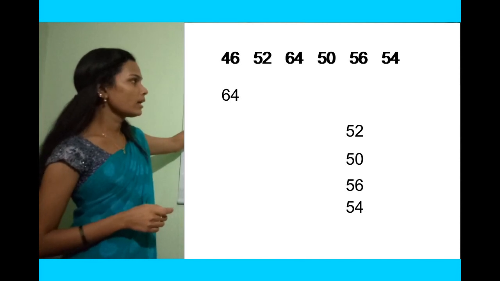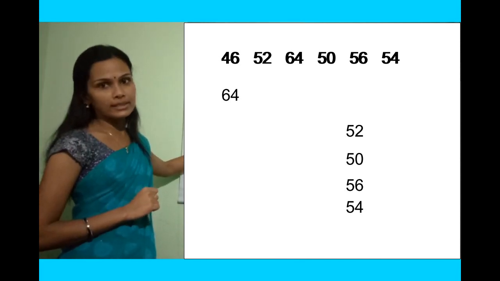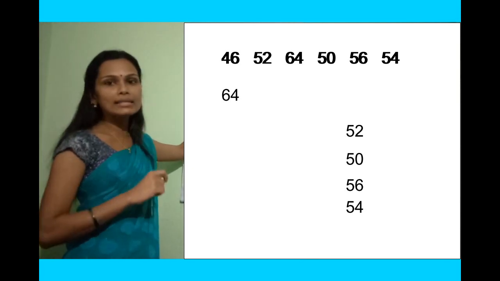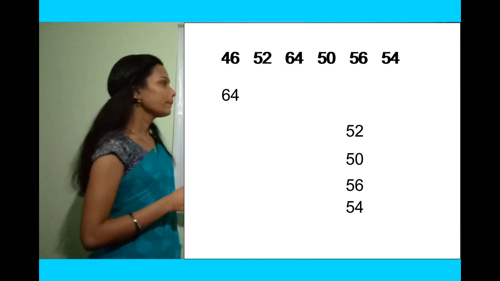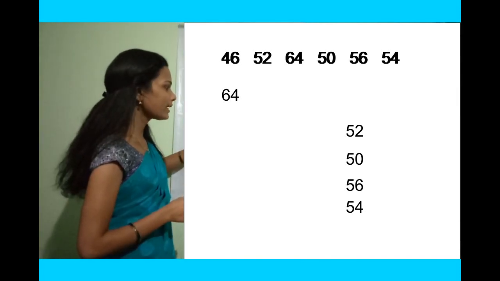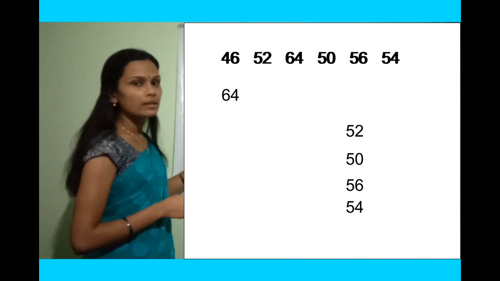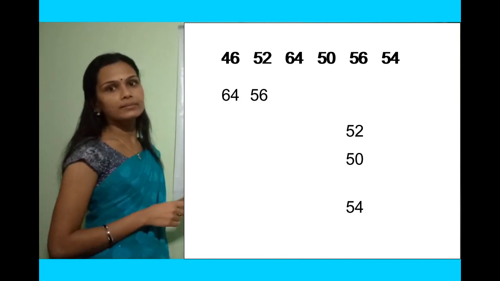As we can see, all these numbers are having 5 as the first digit. So compare the second digit, and which number has bigger number as a second digit, that number will be the bigger one. Here 56 is the bigger number among all these numbers. So after 64 we have to write 56.